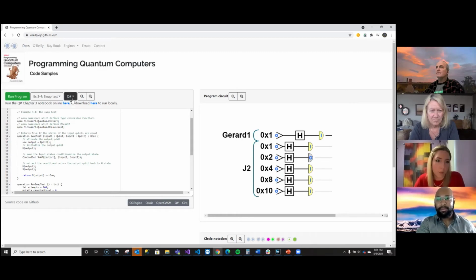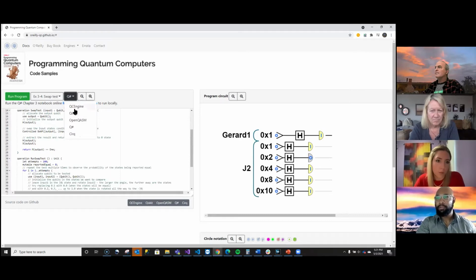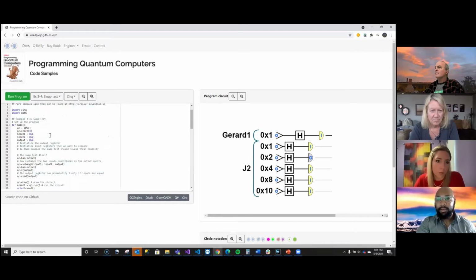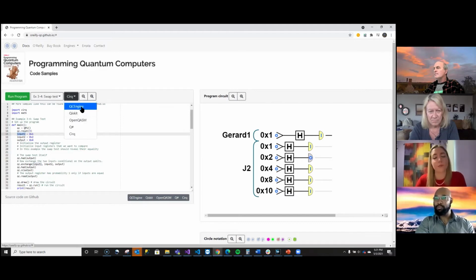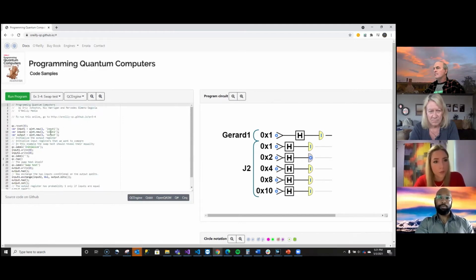It'll be really interesting to see how those other languages create, for example, input 1, input 2, input 3. Here they're setting 3 qubits. Input 1, interestingly, would be a register. If I were to put it back in the QC engine, it would be a register.